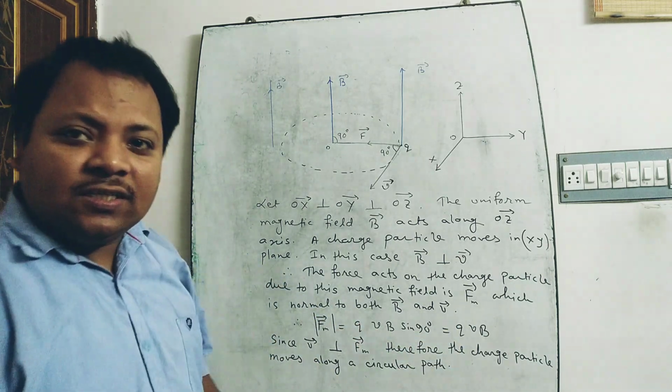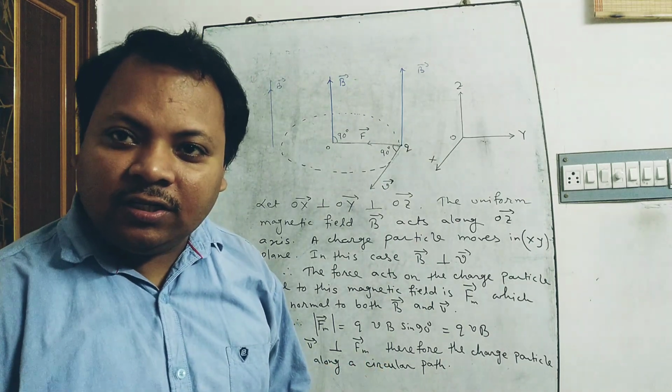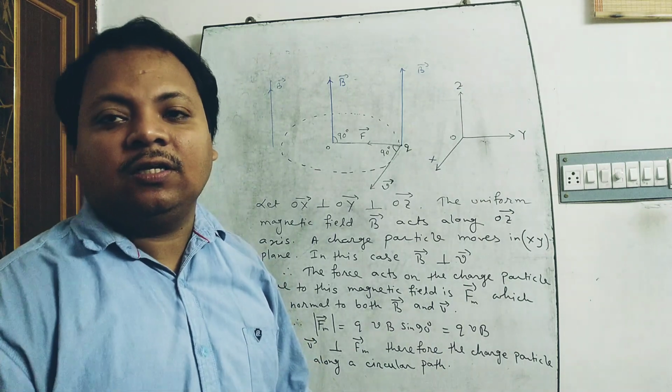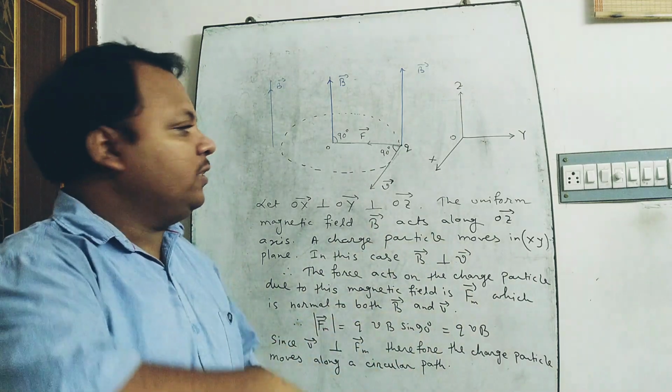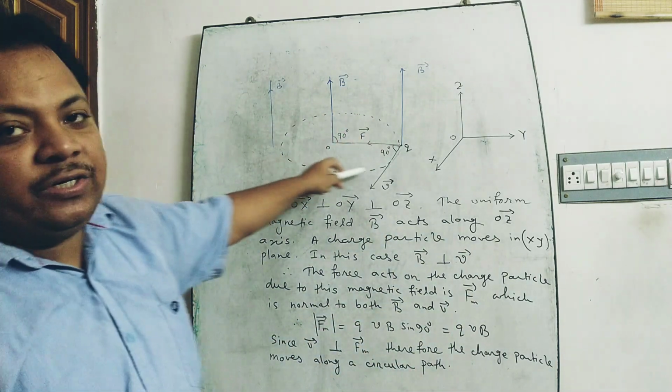Now, since the force on the charged particle is normal to the velocity of the charged particle, the charged particle moves in a circular path. This is the path of the charged particle.